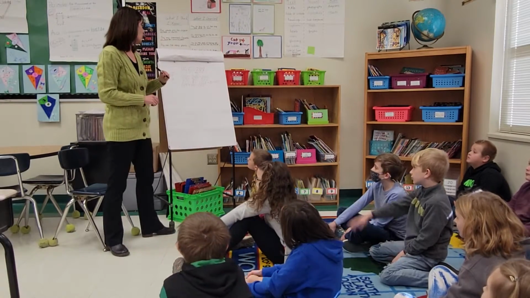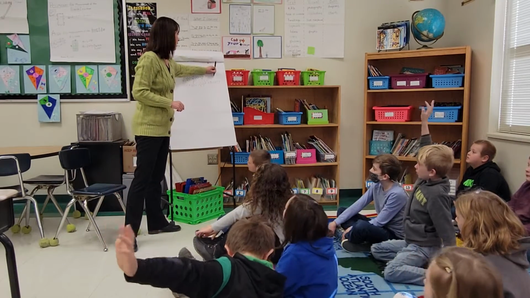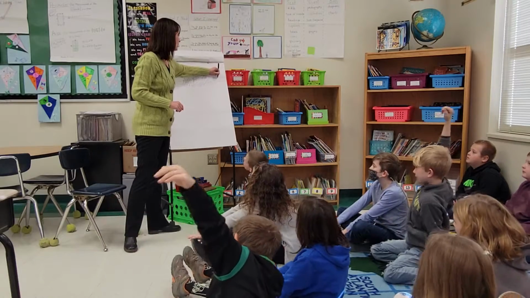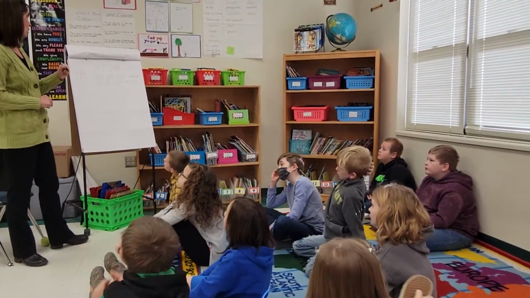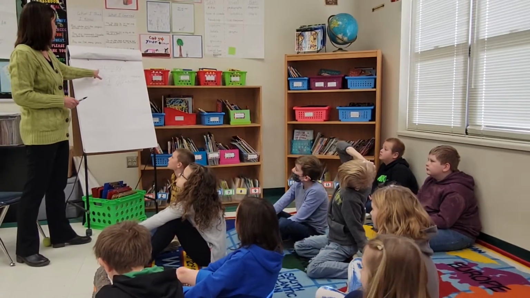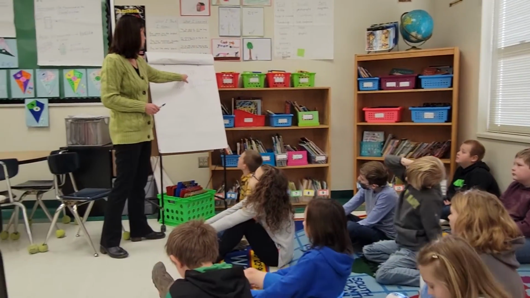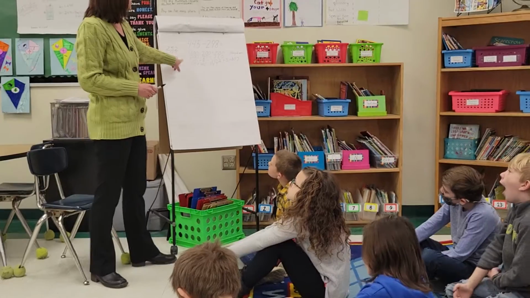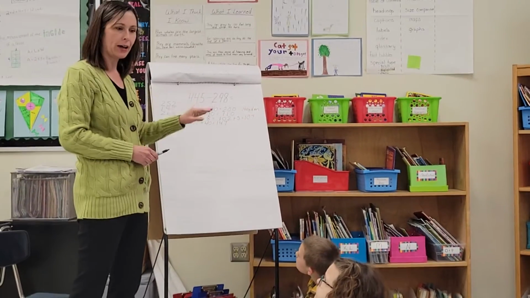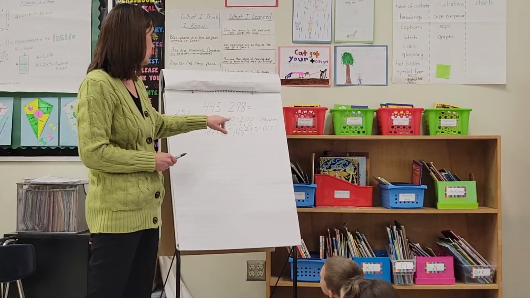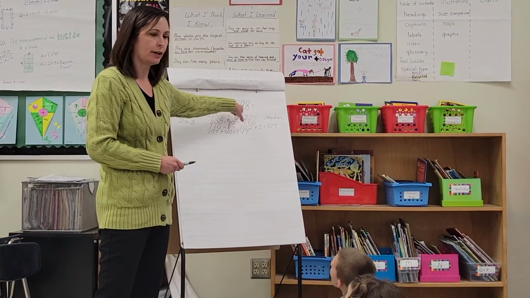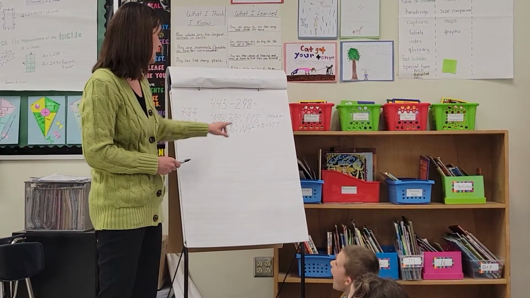All right. So, can somebody tell me about Aiden's strategy? What did he do? Subtracted it in parts. Yeah. So first he was looking at his hundreds and he did 400 minus 200. So you kind of kept the 45, like you put that aside and just did the 400 minus 200. And then he took away the 9 tens, he took away his 90 to get 110.